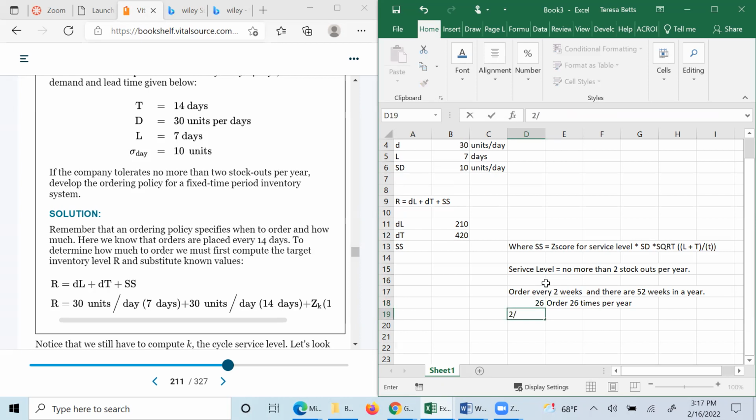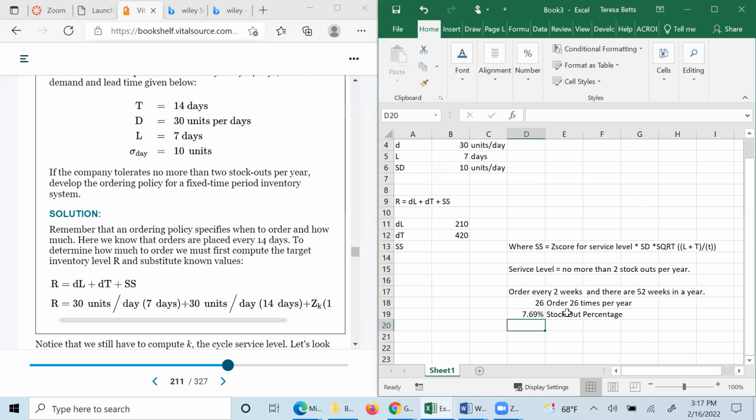If we're going to allow ourselves 2 stock outs, that equals 2 divided by 26. That's our stock out percentage, 2 divided by 26.